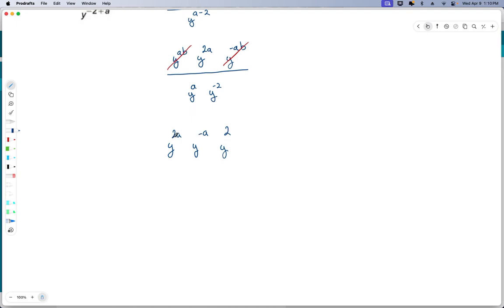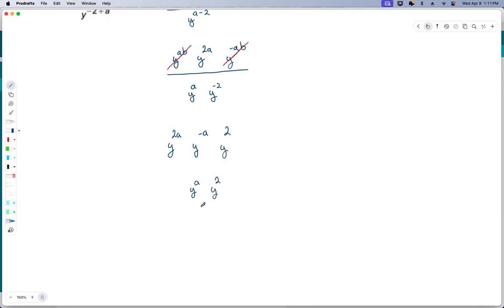So again, using the principle of addition and subtraction here with the same base, 2a minus 1a, that's going to be y to the a power. And then I have y^2.